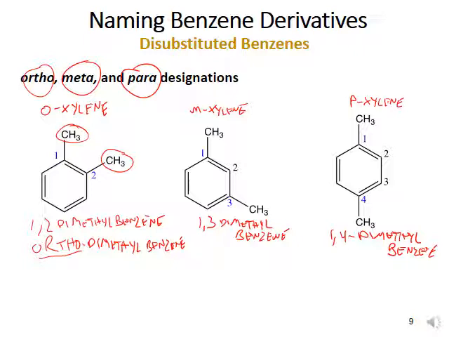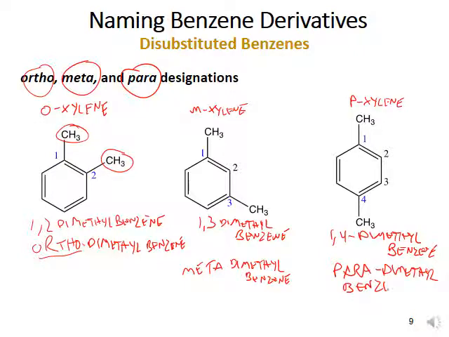So this guy would be called meta-dimethylbenzene. And this would be para-dimethylbenzene. Okay, it's not too bad.